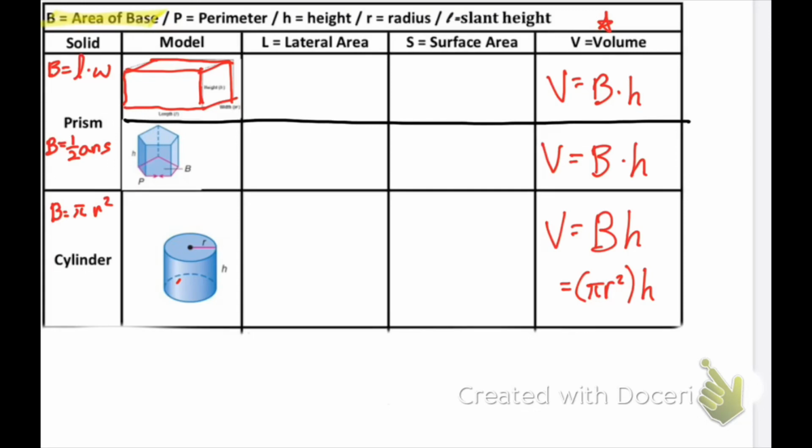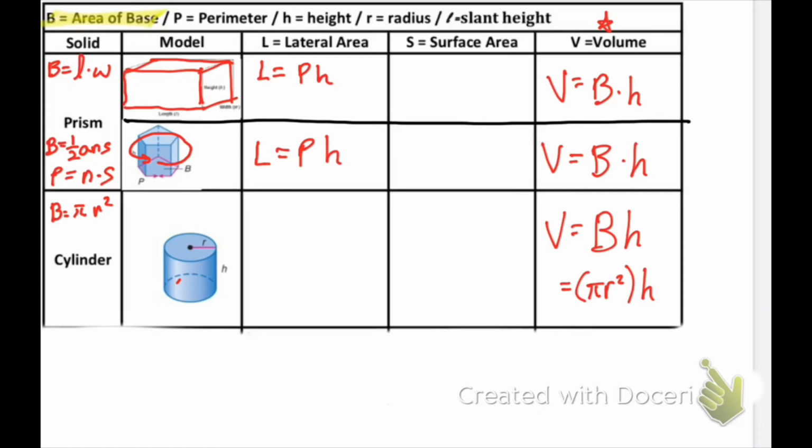The easier way to calculate the lateral area is to calculate the perimeter of the base and then multiply it by the height. So the lateral area, the area going all the way around here, all I'm going to do is calculate the perimeter of the base, and for a hexagon, a pentagon, whatever regular polygon you have, P, the perimeter, is equal to the number of sides times the side length. I'm just going to multiply it by the height.